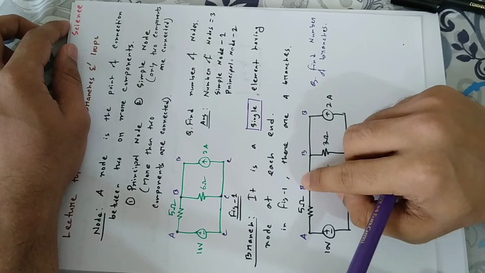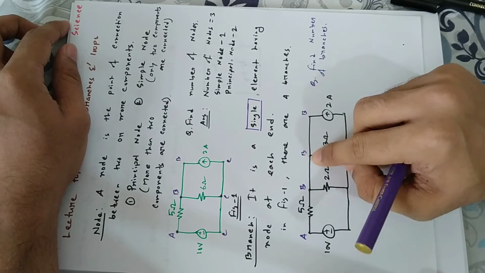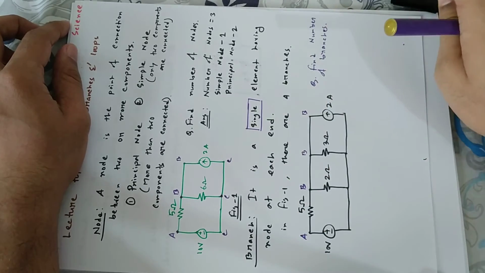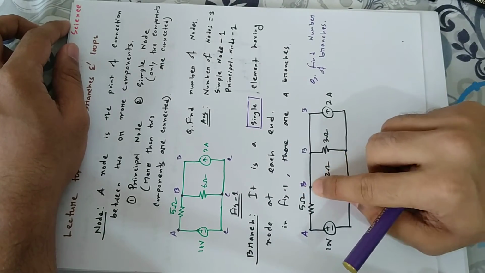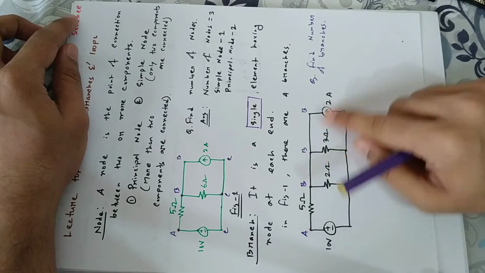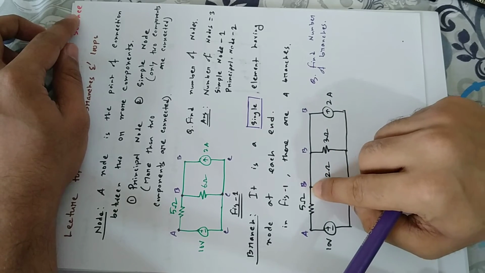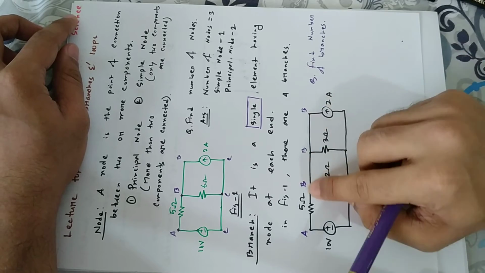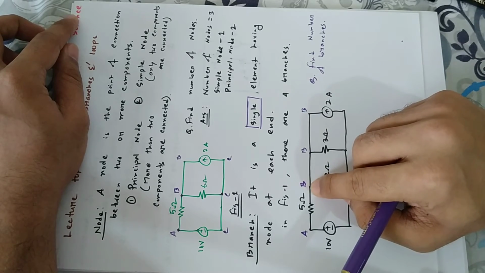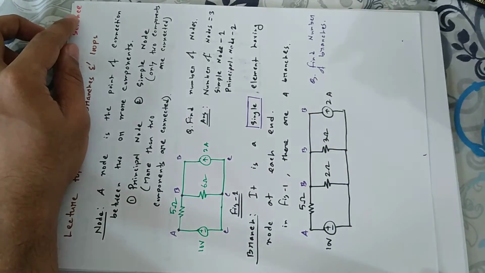So this point B, or this point or this point, any point you want, they fall on the same node. So this point B is a principal node.